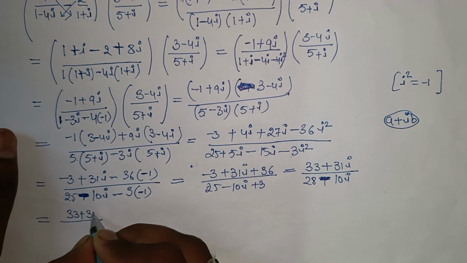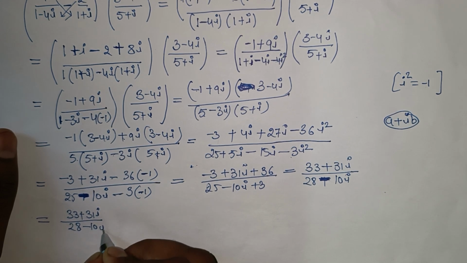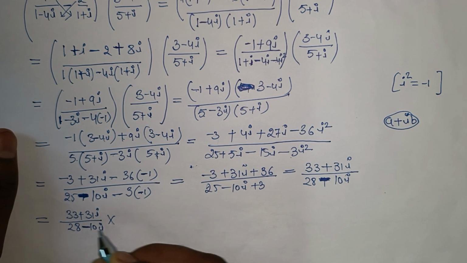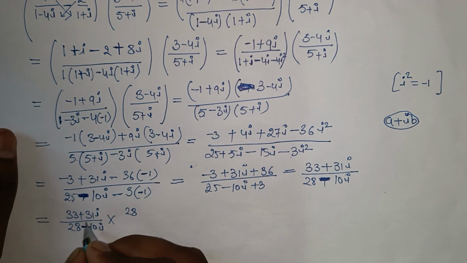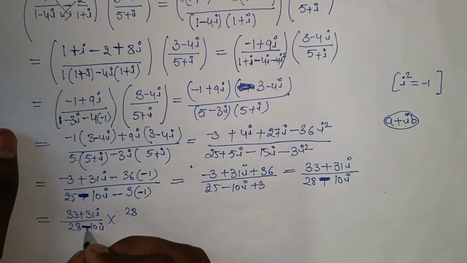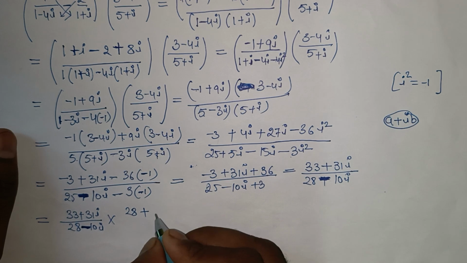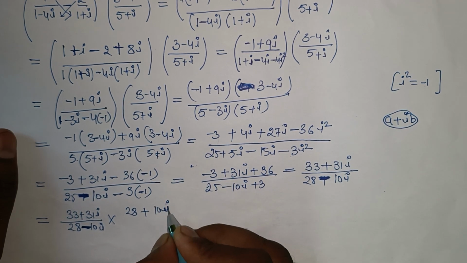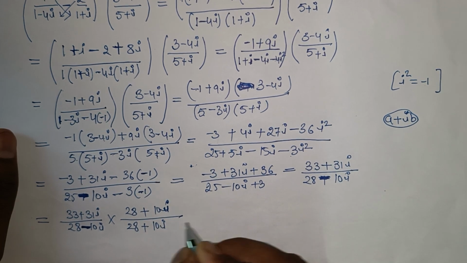So we have 33 plus 31 iota upon 28 minus 10 iota. We multiply and divide by the conjugate of the denominator. Conjugate means if there is a negative sign, we put a positive sign in its place. So we multiply by 28 plus 10 iota divided by 28 plus 10 iota.